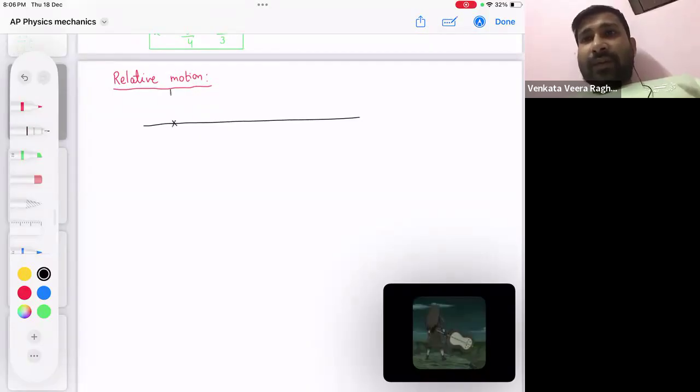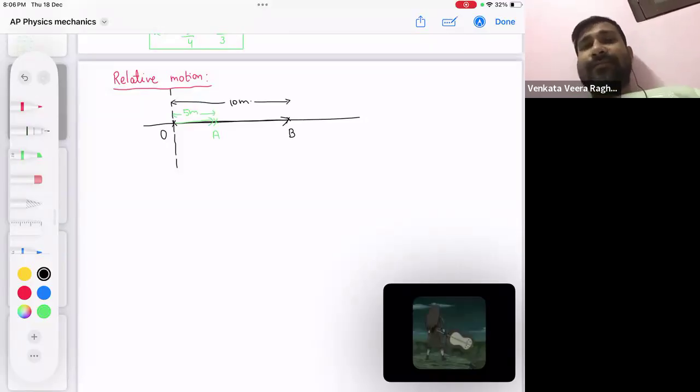Let's say this is the origin of the coordinate system, and this particle B is here, at a distance of, let's say, 10. I'm just taking a simple example. And there is another particle A here, and the position of that particle is 5 meters.